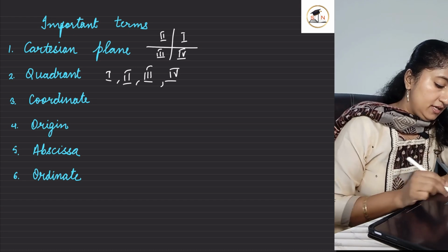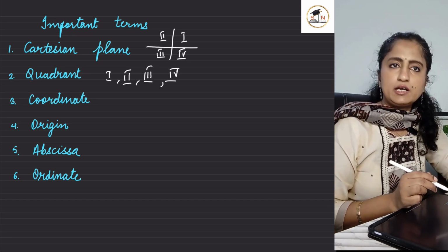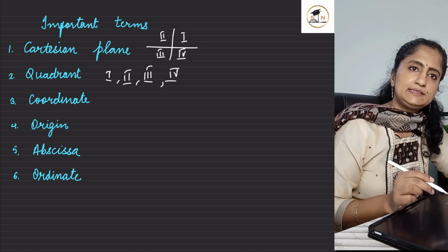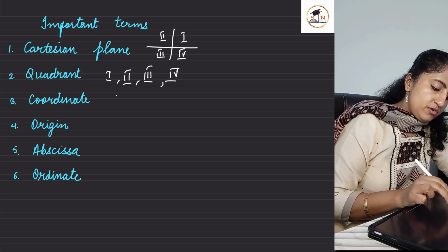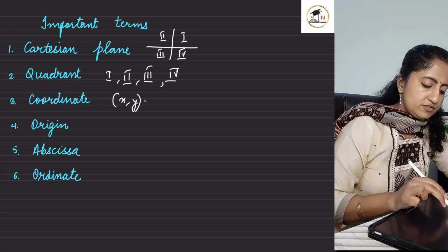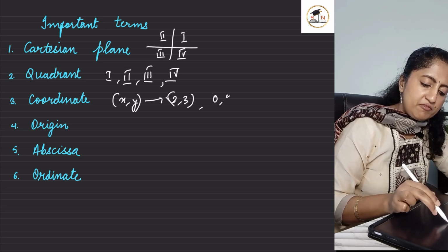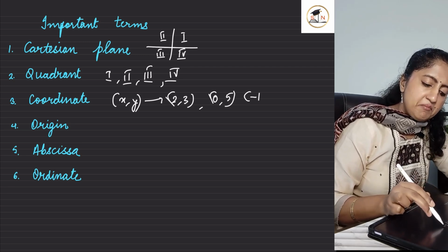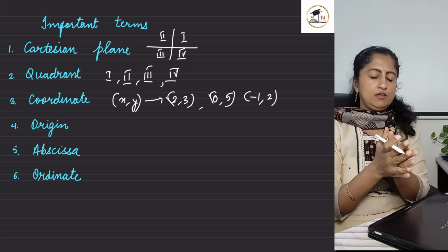Okay. Then coordinate. Any point that exists in the Cartesian plane has what coordinates? That is x component, y component, right? So coordinate is x comma y. It can have various values. For example, 2 comma 3. It can have 0 comma 5. It can have minus 1 comma 2. Okay, one more thing.